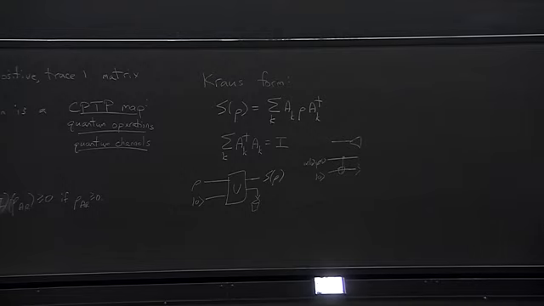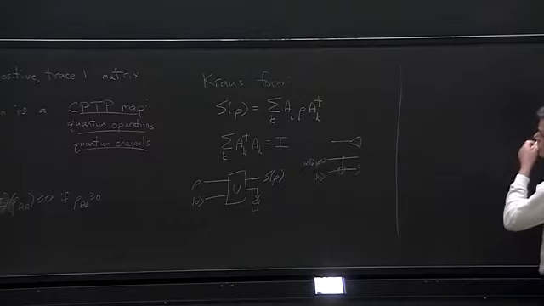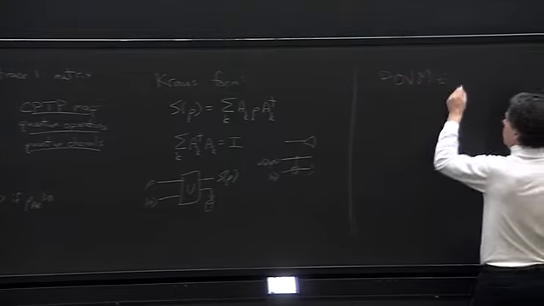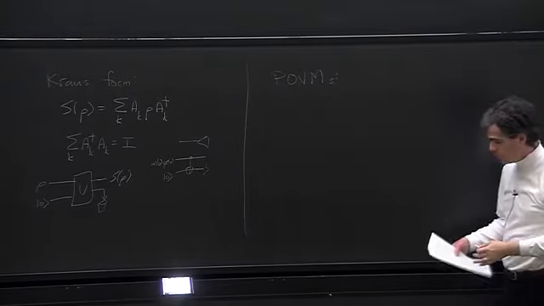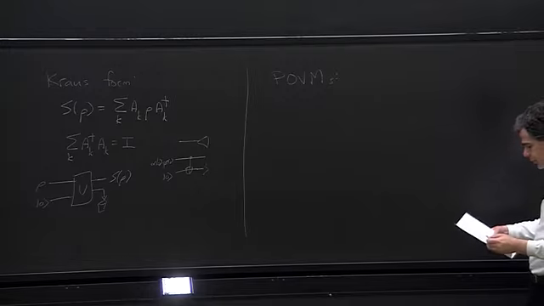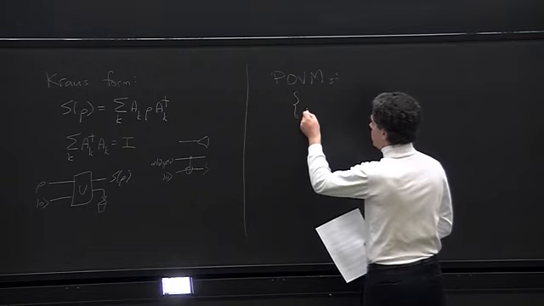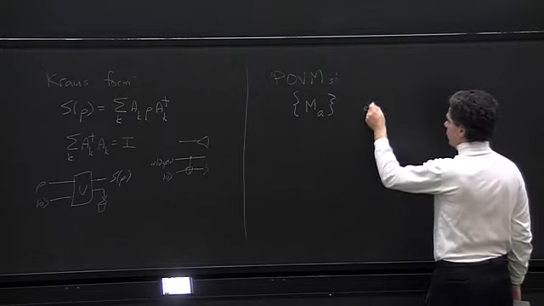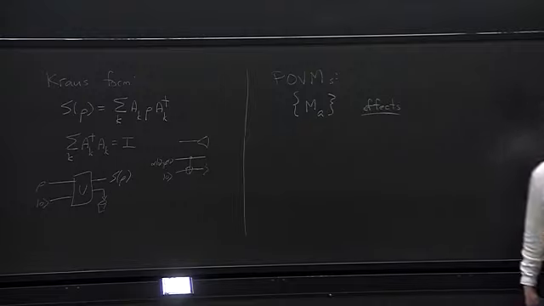OK. So then let's move on to POVMs. POVM stands for positive operator valued measure. So a POVM is some set of operators M_a, which are sometimes called the effects of the POVM.